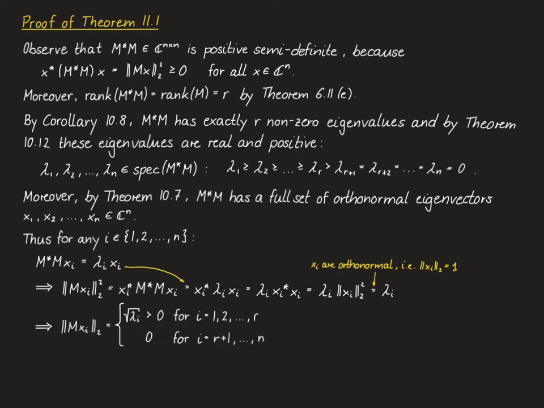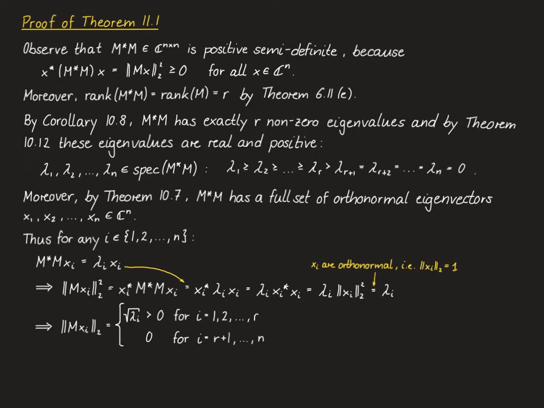In other words, if we take the square root of this equation, we obtain that the 2 norm of M times xi is equal to the square root of lambda i, which is positive, whenever the index i is between 1 and r, and is equal to 0 for any index i between r plus 1 and n.